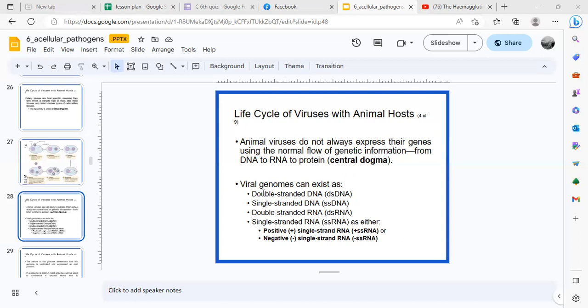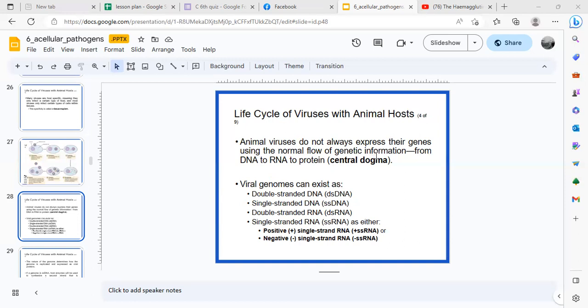Pero yun nga, may mga ibang dahil sa virus, there are possible na ibang pathway like in the case of retroviruses, yung RNA ng retrovirus gagawa siya ng viral DNA tapos may insert dun sa DNA ng host.